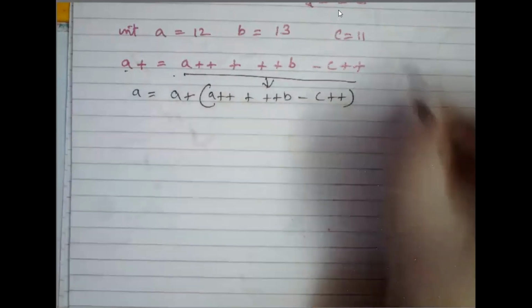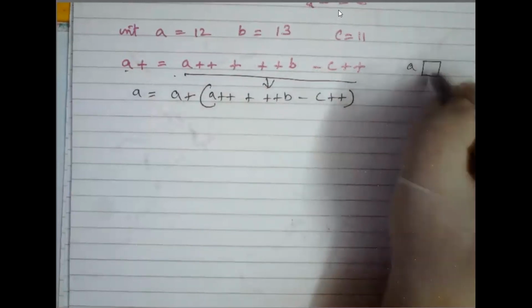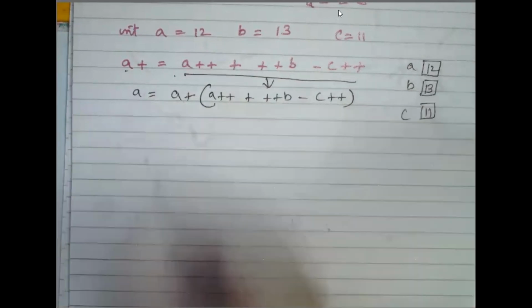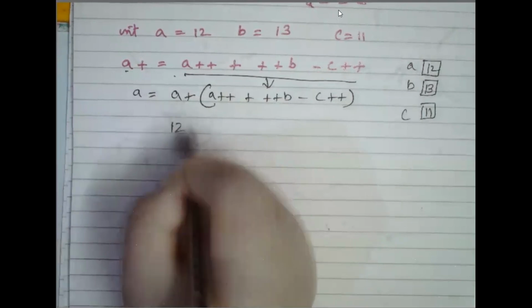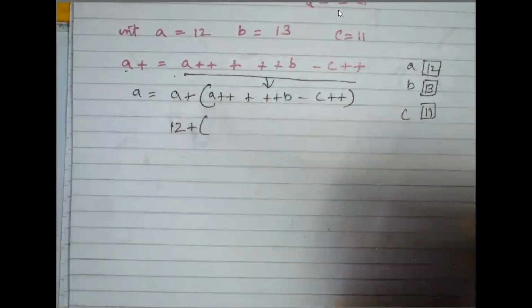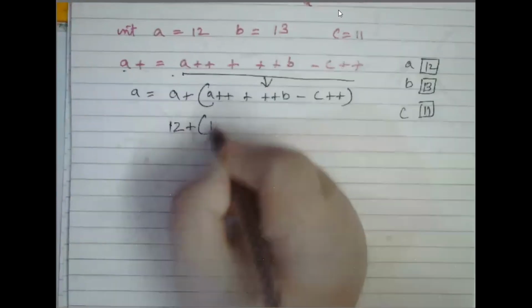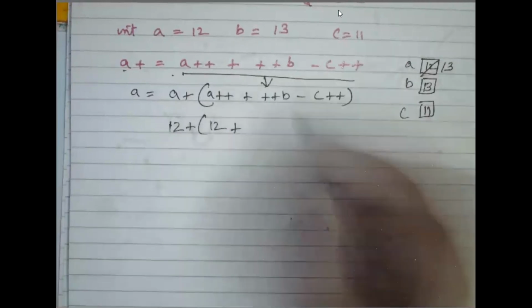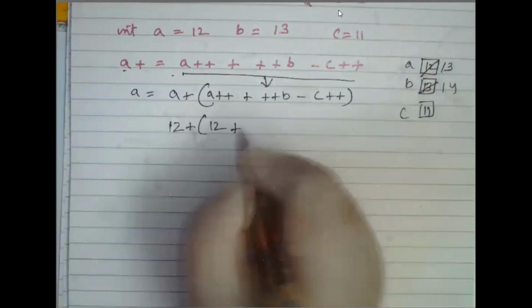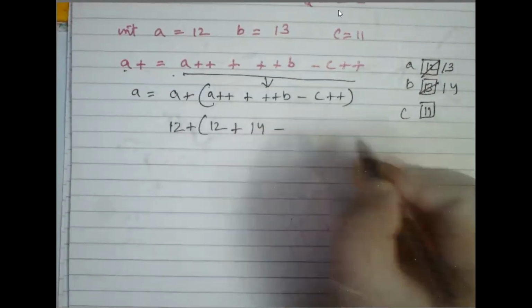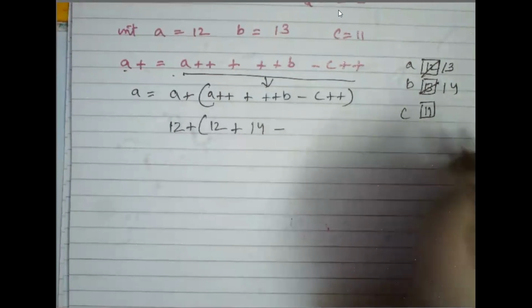So in the memory box, A's initial value is 12, B's initial value is 13, and C's initial value is 11. A's first value will be 12 plus, within the bracket, a case of post-increment. So first it will be used, then it will change to 13. Plus a case of pre-increment, so first it will change to 14, then it will be used, minus C, a case of post-increment.